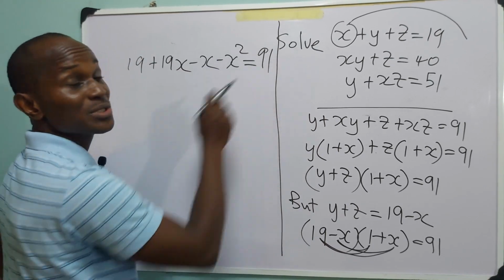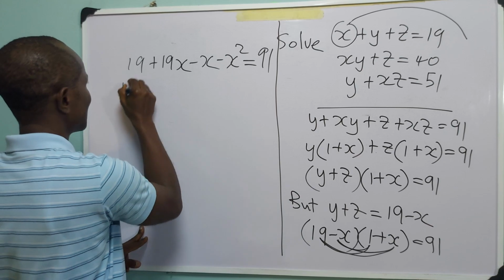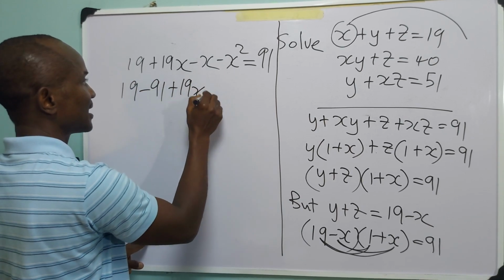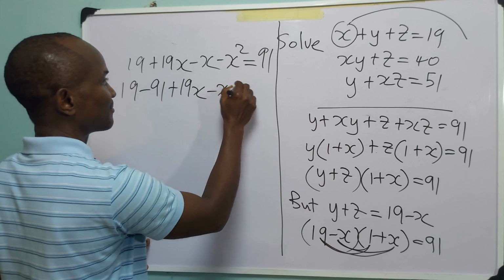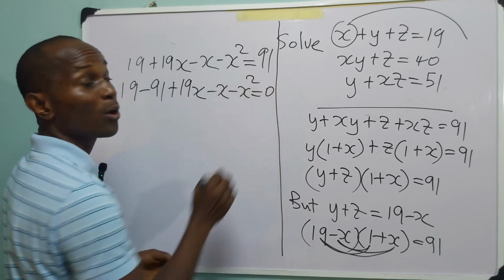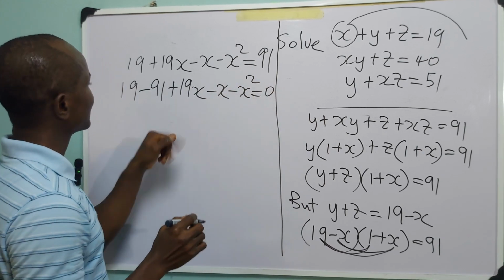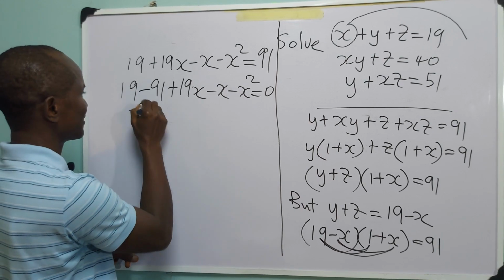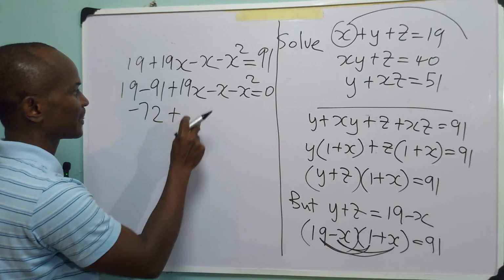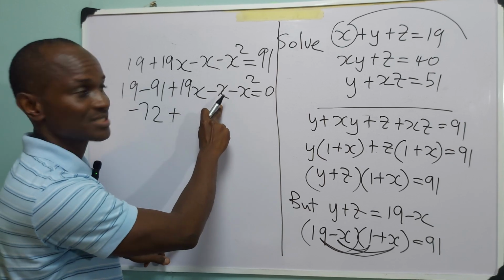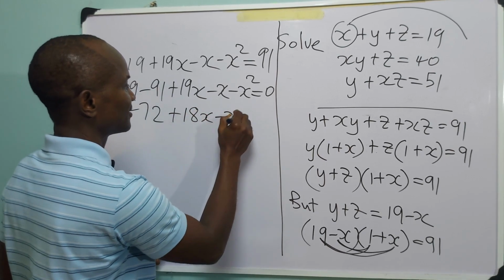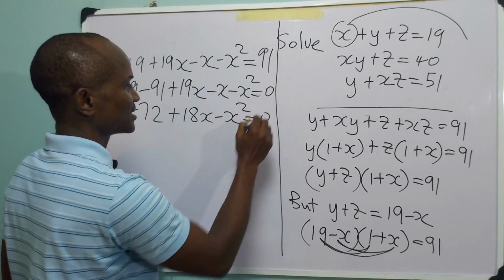Subtracting 91 from both sides of the equation, we have that 19 minus 91 plus 19x minus x squared is equal to 0. Collecting like terms together, we have 19 minus 91 is minus 72. 19x minus x is 18x. And of course, this is minus x squared is equal to 0.